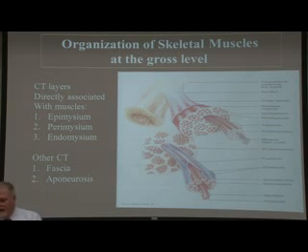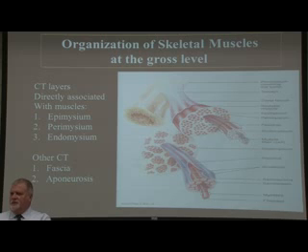Right. So what happens with a muscle is that we have to have connective tissue that attaches the muscle to its origin, and connective tissue that attaches the muscle to its insertion. And then the fibers have to be somehow connected to that connective tissue so that when the fibers contract, they transfer the internal shortening to the tendon, which transfers the force to the bone, so we actually create movement.